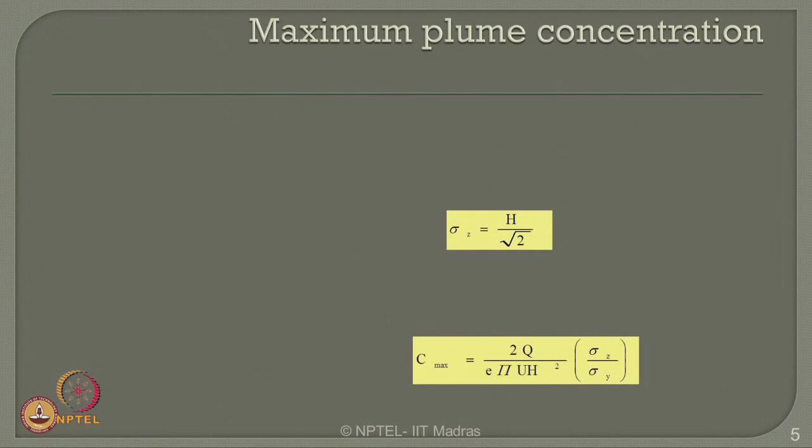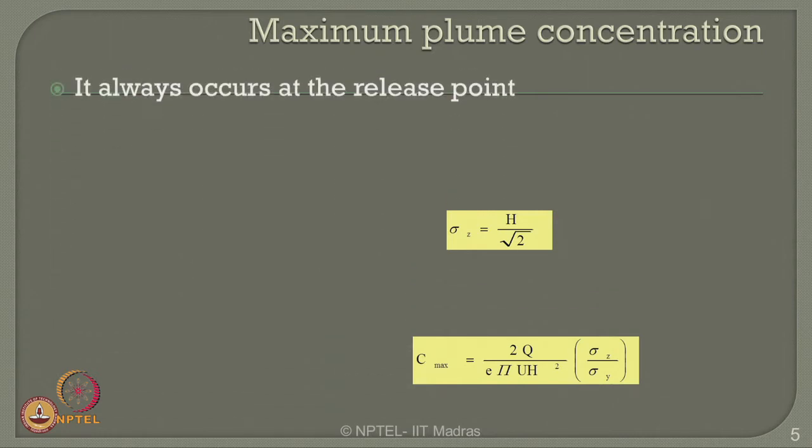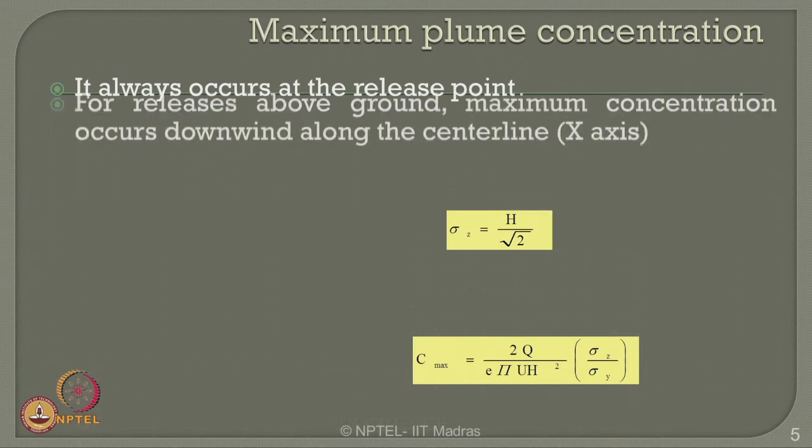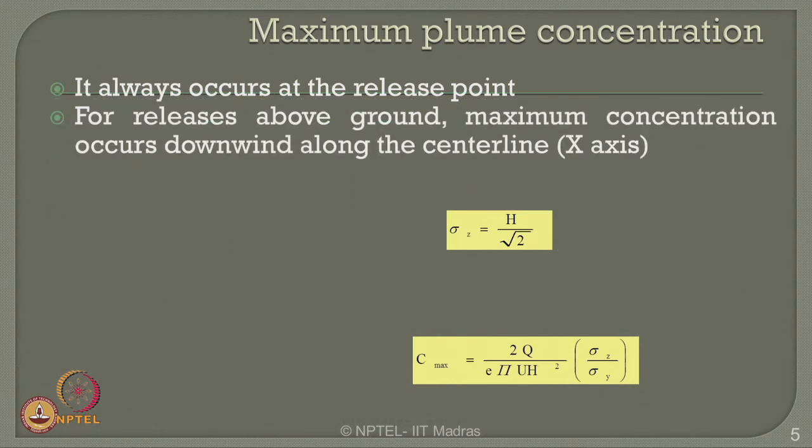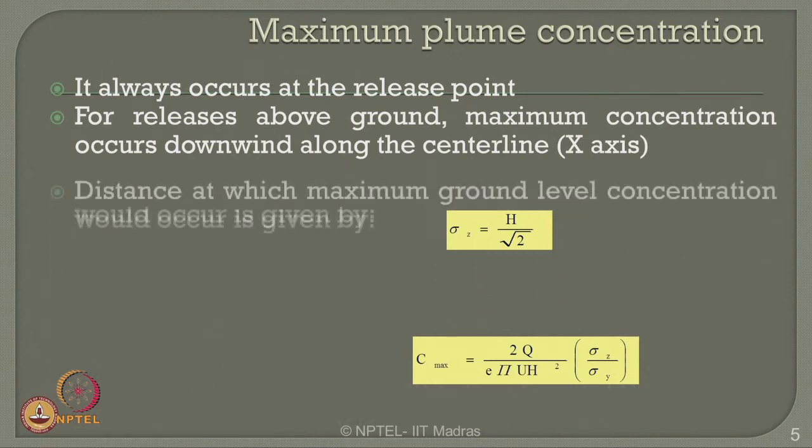Now a question comes: what would be the value of maximum plume concentration? Maximum plume concentration always occurs at the release point. The release point can be the tip of the stack of any chimney or any tower which is dispersing gas into the environment. For releases above ground, the maximum concentration occurs in the downwind direction along the central line, which is taken as the x axis for the whole calculation.